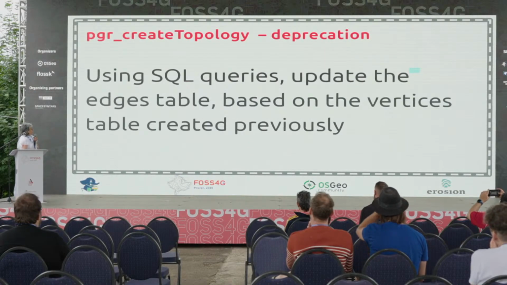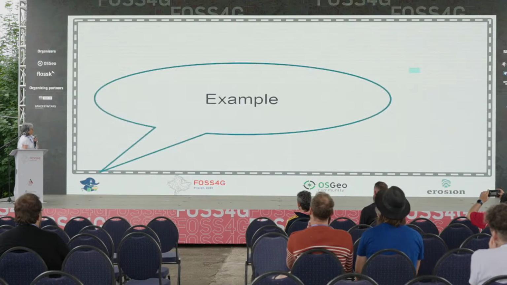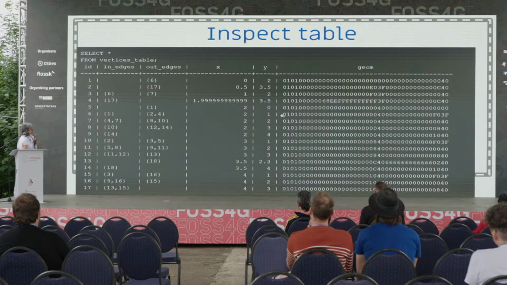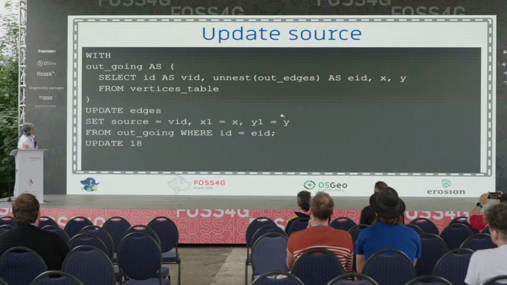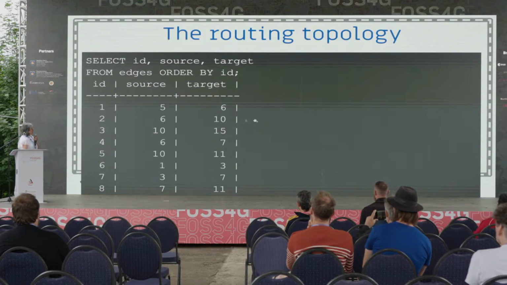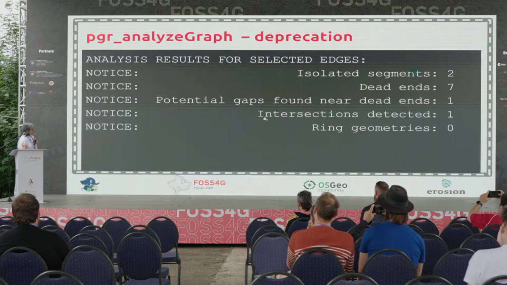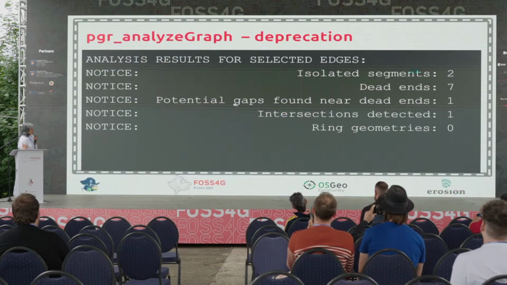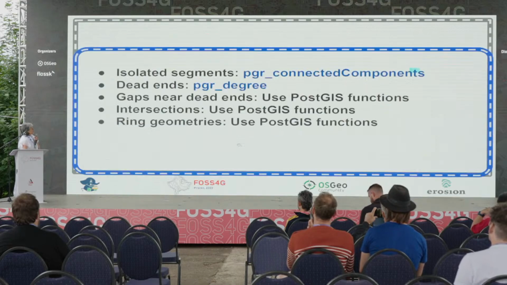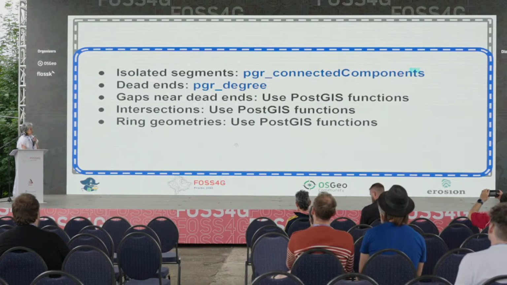Basically, use the new one, pgr_extractVertices, save on a table, and then update source, update target, and then you have a working topology. This one is also being deprecated, and you have to use different things depending on your objective.